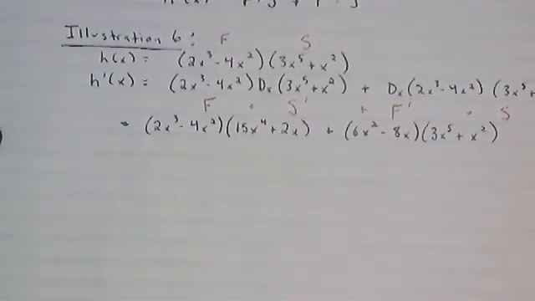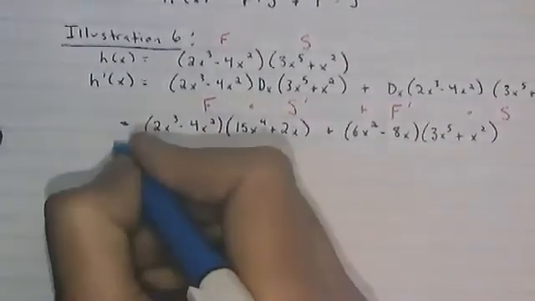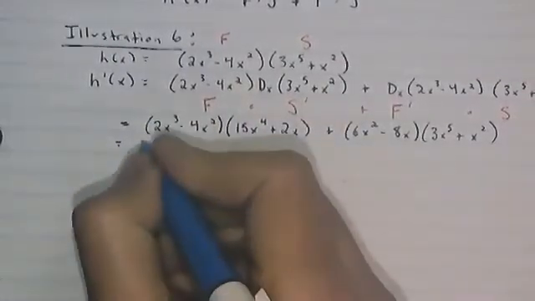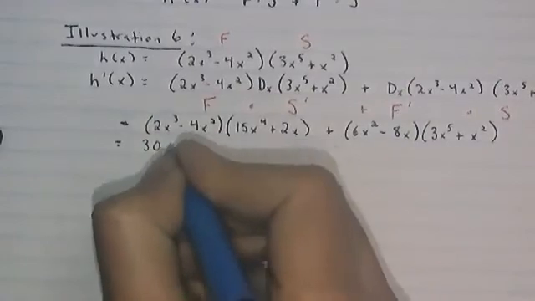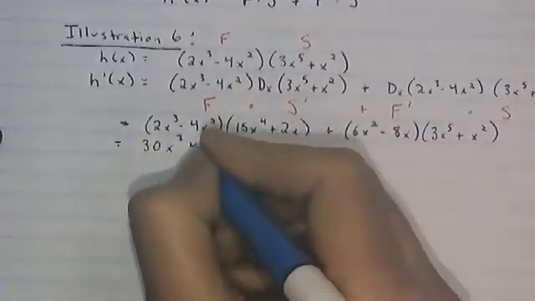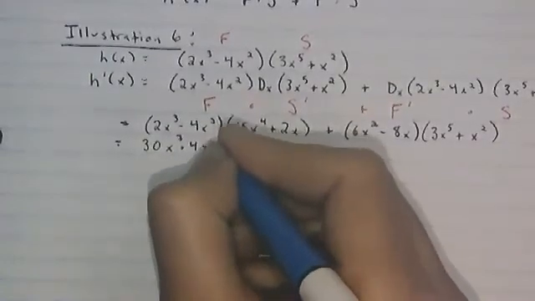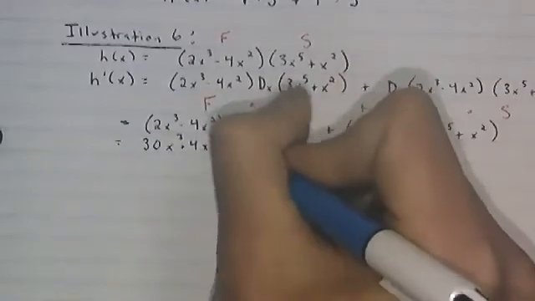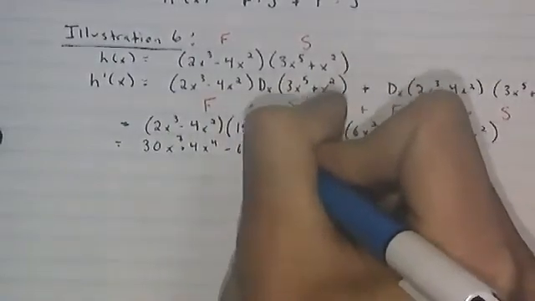Now we're going to have to do some double distribution. 2x cubed times 15x to the 4th is like 30x to the 7th. 2x cubed times 2x is like 4x to the 4th, plus negative 4x squared times 15x to the 4th is like negative 60x to the 6th.